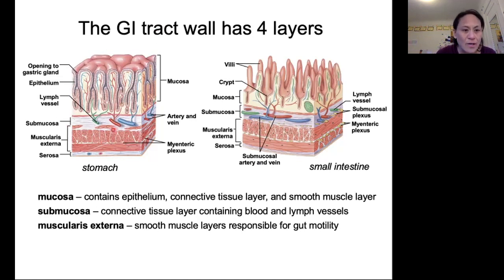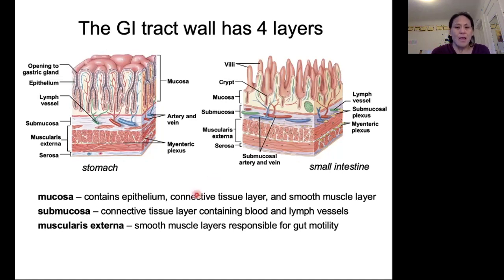You can see that here in the stomach, we've got our 2 different muscle layers plus this oblique muscle layer. In the small intestine, we just have the 2 layers. The function of the smooth muscle in the wall of the GI tract is to move the food that's being processed down the GI tract. And we will be talking about different types of motility, different patterns of motility, in a little bit.